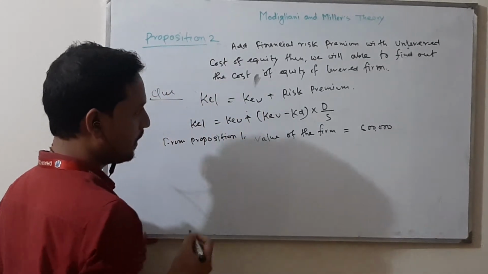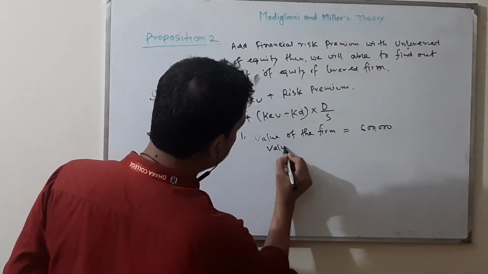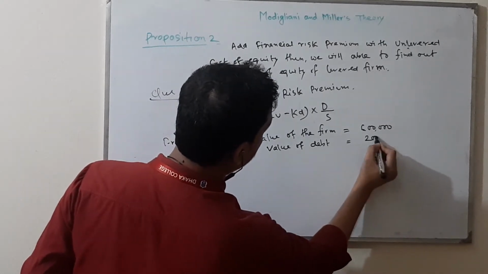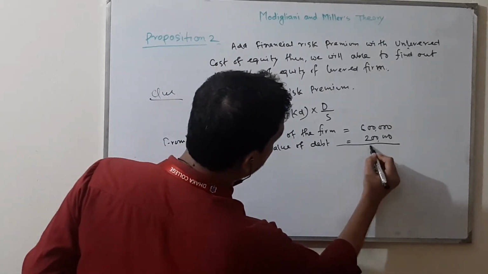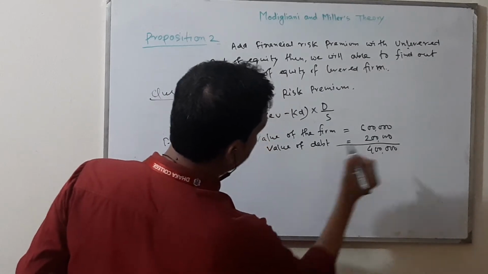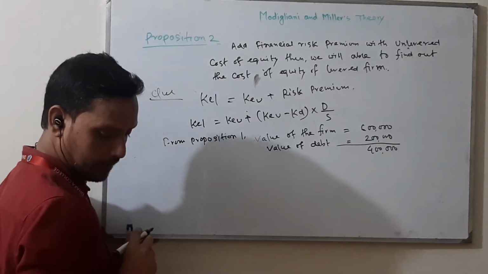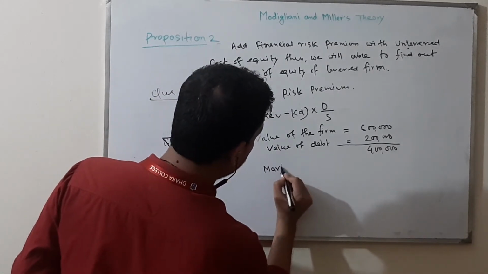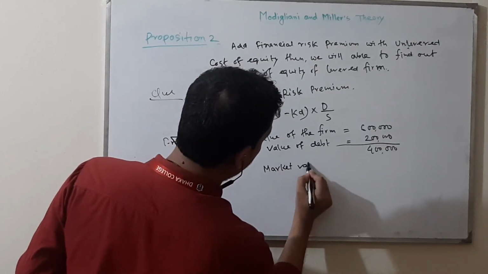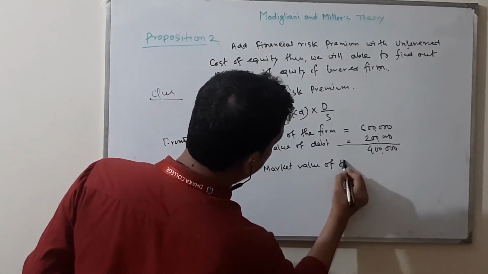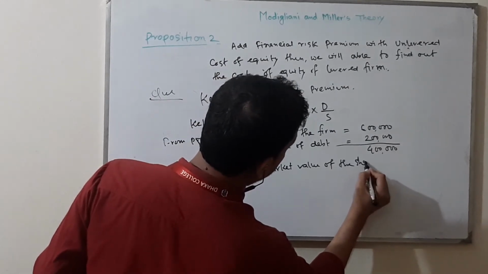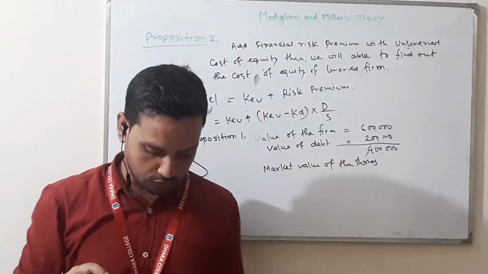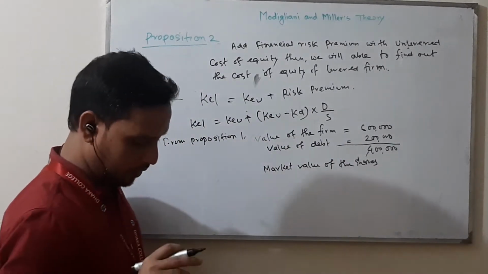Then the value of debt is 2 lakh taka. It is 4 lakh taka, I mean the market value of the shares. The market value of the shares is 4 lakh taka, I mean S equals 4 lakh.